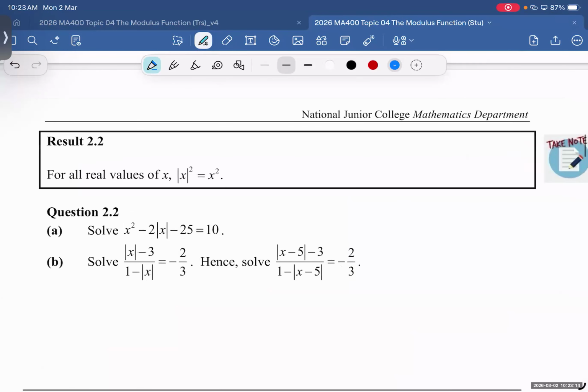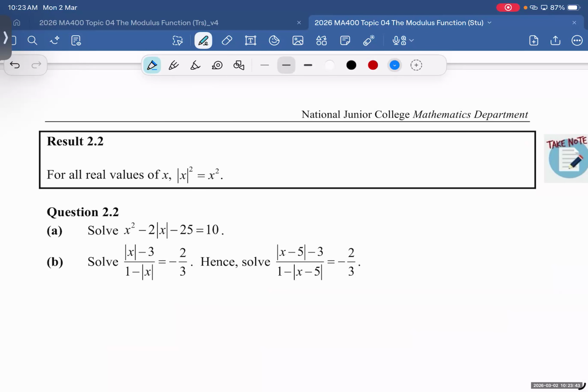A. Why is there no negative? It should be rejected. You have more questions.